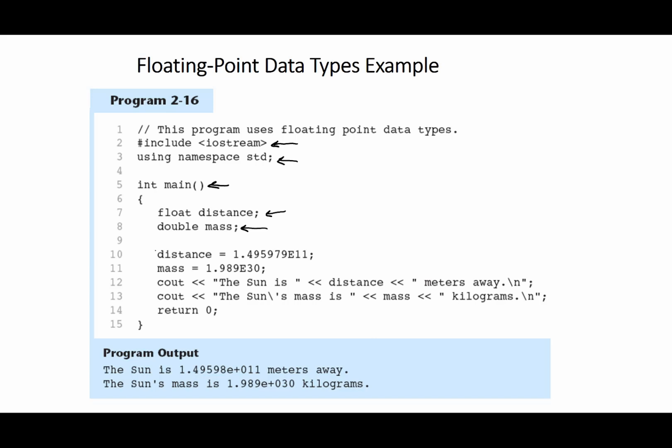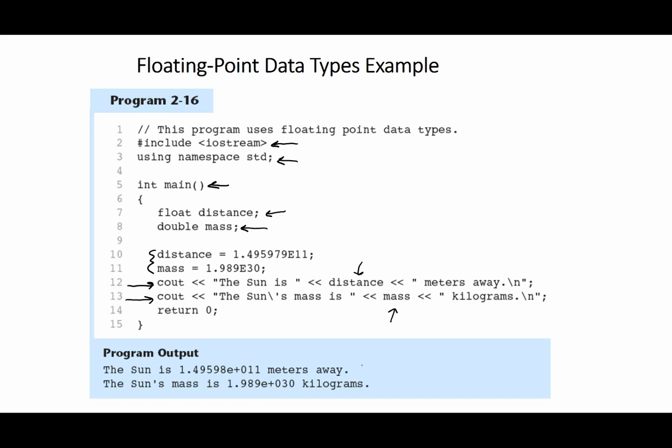We're setting distance equal to 1.49e11, and the mass equal to 1.989e30. Then we do the cout: the sun is, and then we print the distance, meters away, and the sun's mass is, and then we print the mass, kilograms.